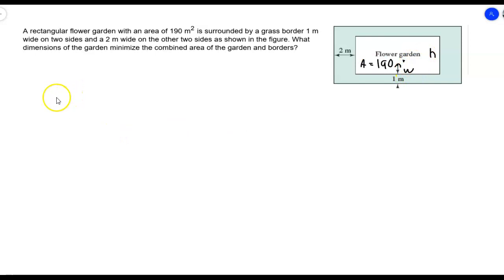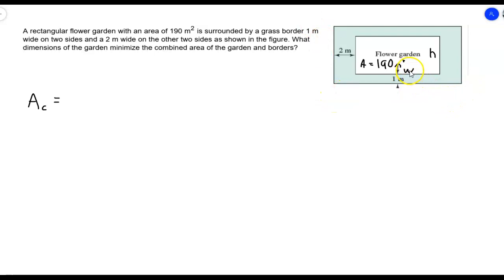So our objective function here is the area, and since we're talking about two different areas, I'm going to put a little subscript C that shows this is the combined area. What is the combined area? Remember, it's the width times the height of this larger rectangle.